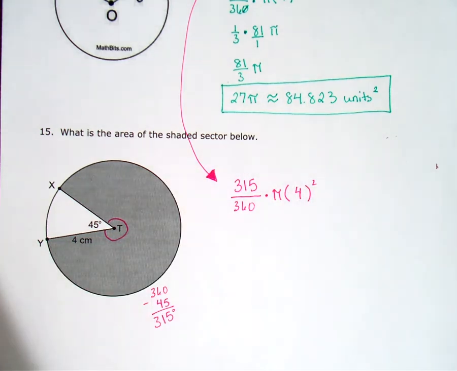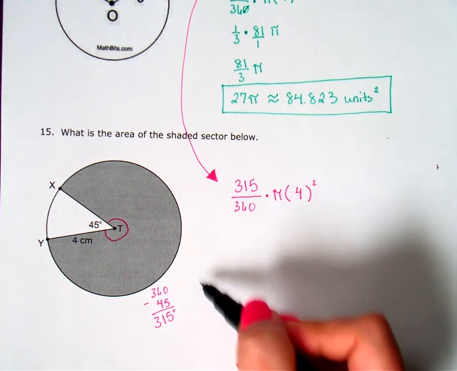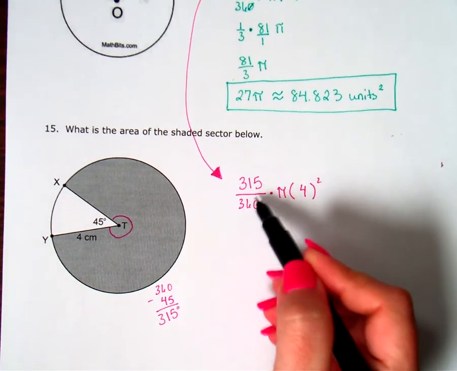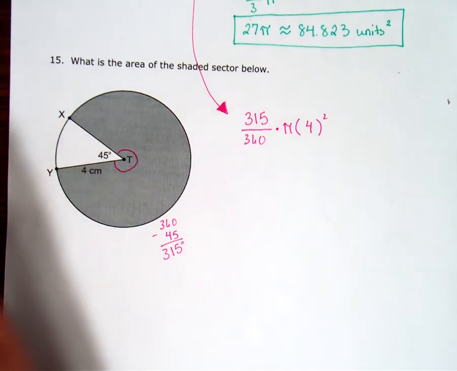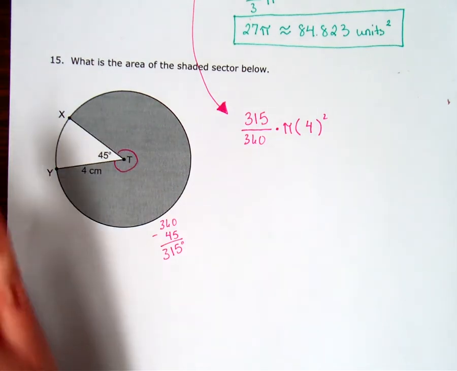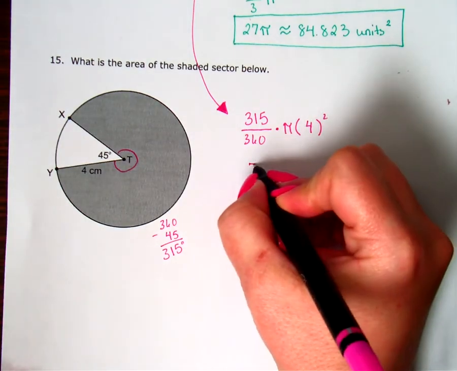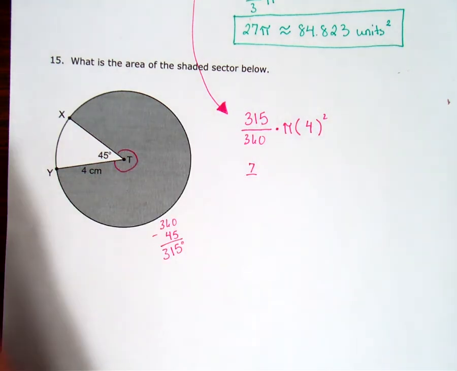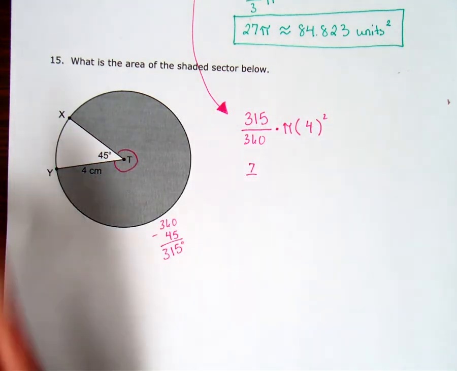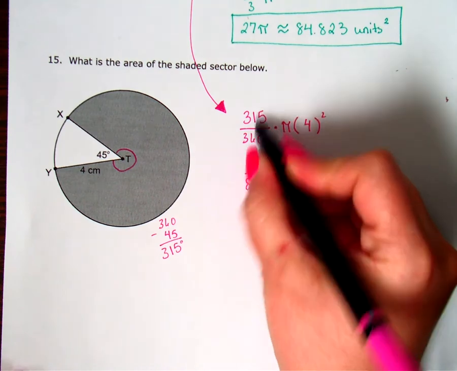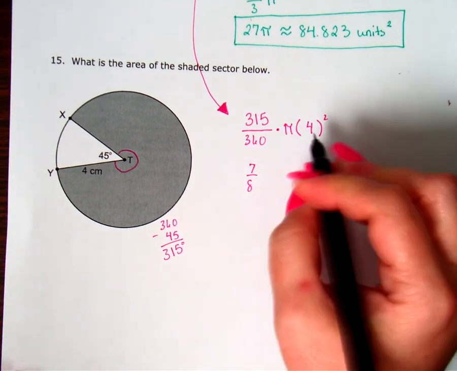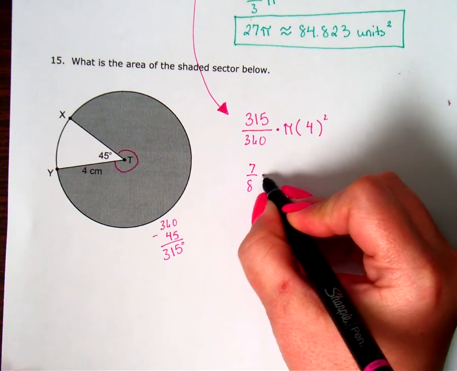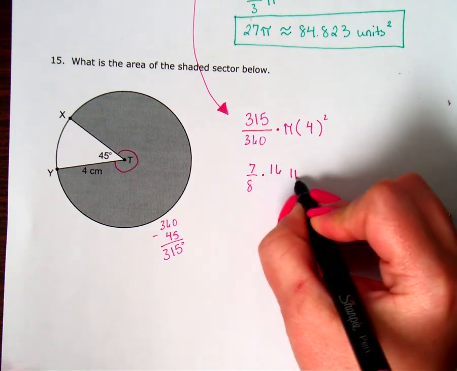Okay, now let's see. I know the 45 goes into 360, and we took away 45, so I'm going to see if I can divide both of these by 45. 315 divided by 45 is 7. 360 divided by 45 is 8. So this fraction here reduces to 7/8. And then 4 squared, 4 times 4 is 16 pi.